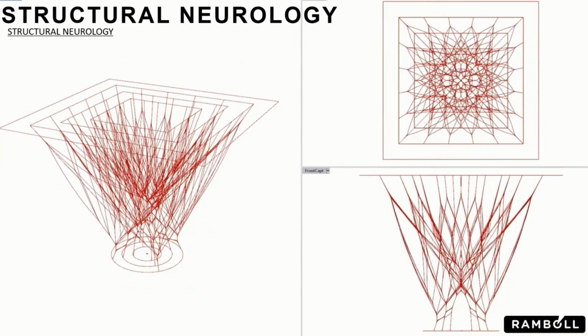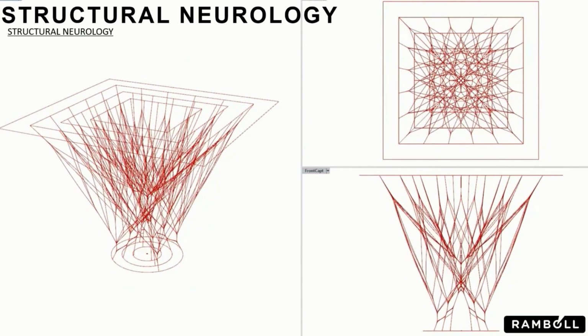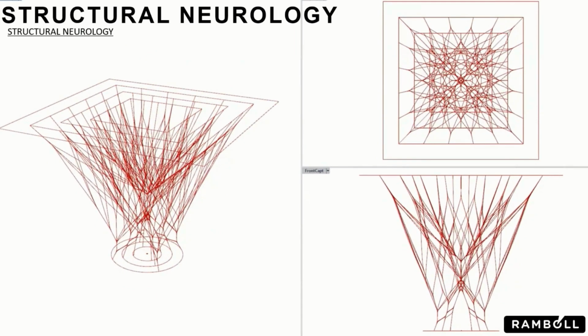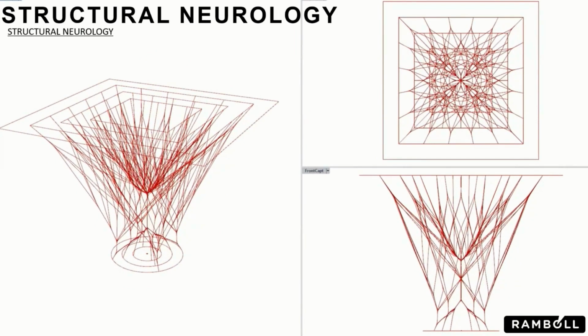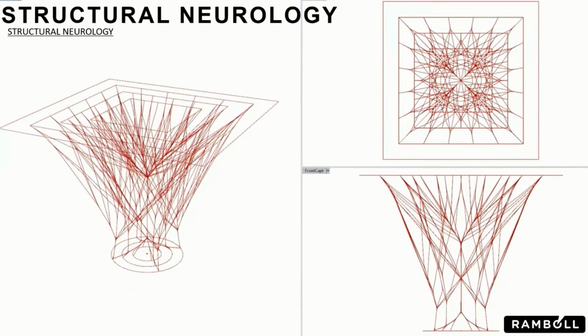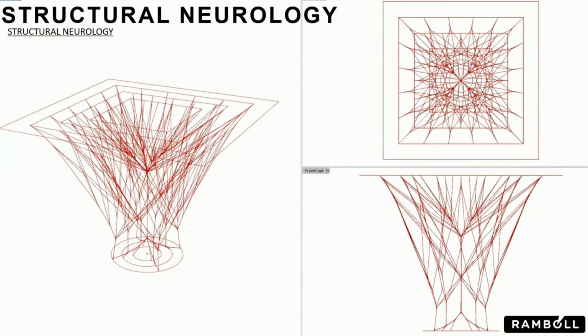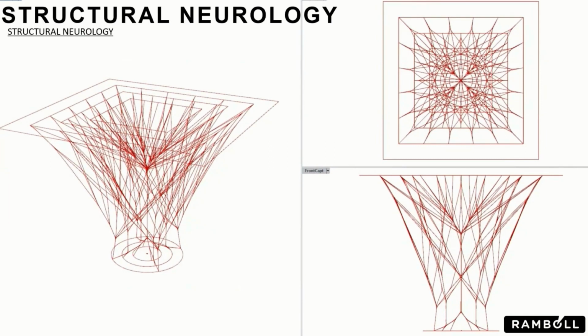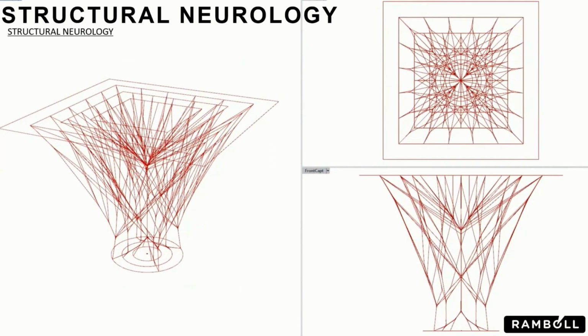In doing so, we developed these forms which have an initial logic to them, but then develop into almost coral-like structures. Again, something that has the appearance of something slightly natural.